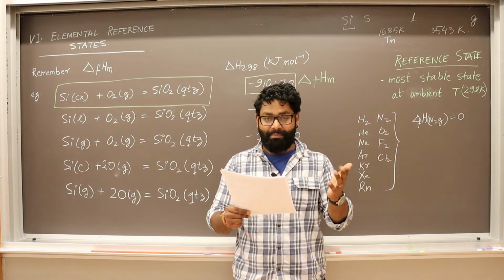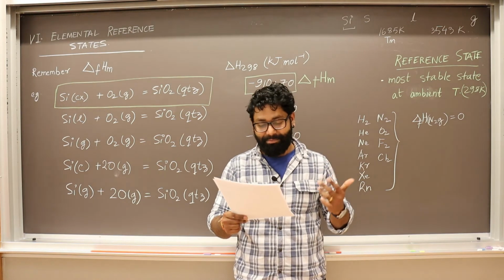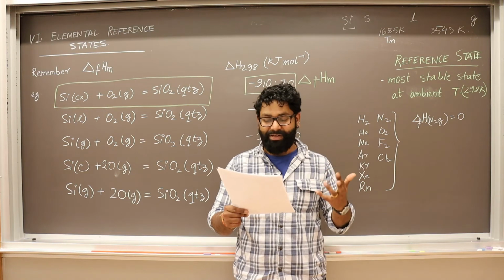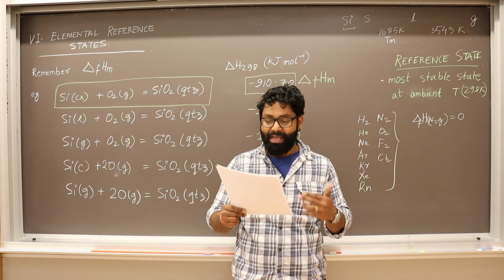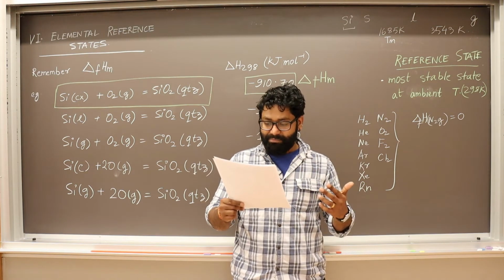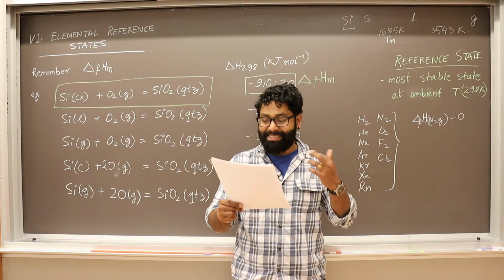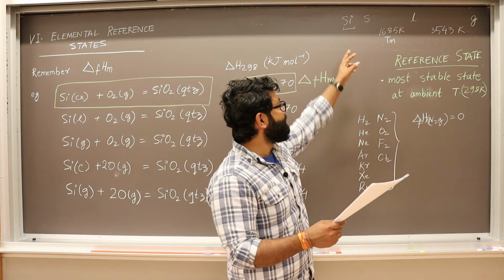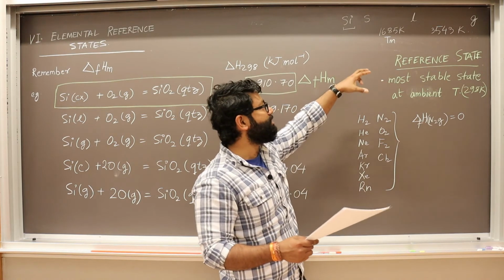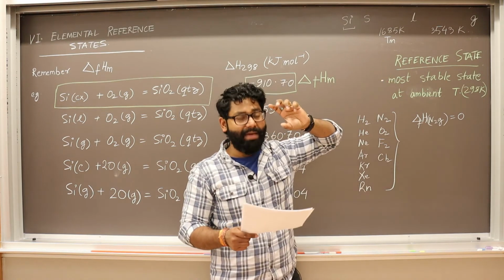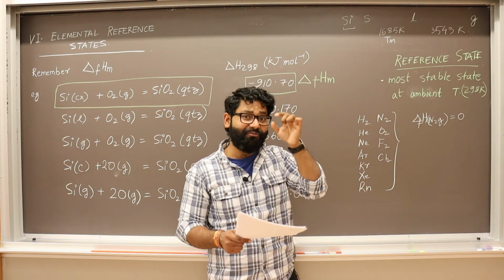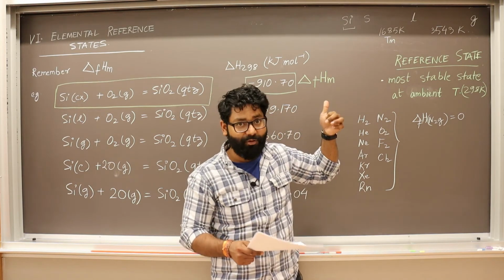So aluminium, bromine, gallium, iodine, lead, magnesium, mercury, platinum, potassium, silver, sodium, tin, zinc, all of these will have this kind of relationship, in which if we have that element below its melting point, the elemental reference state will be in the solid form.